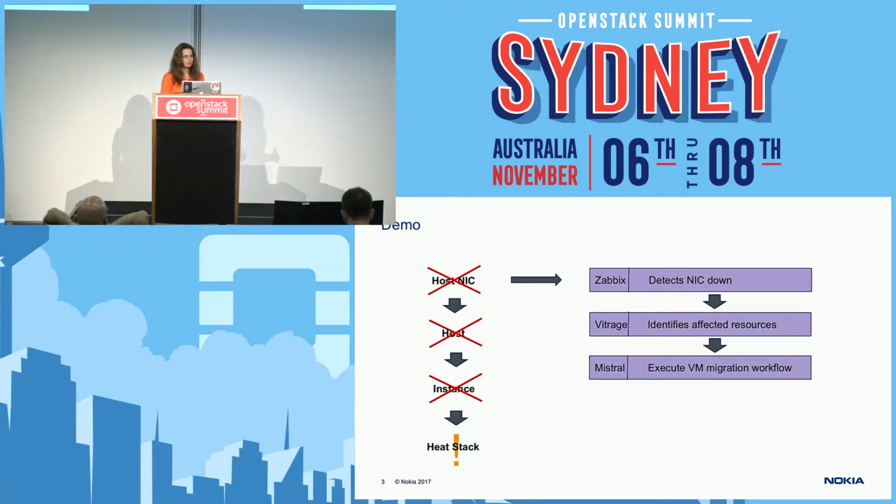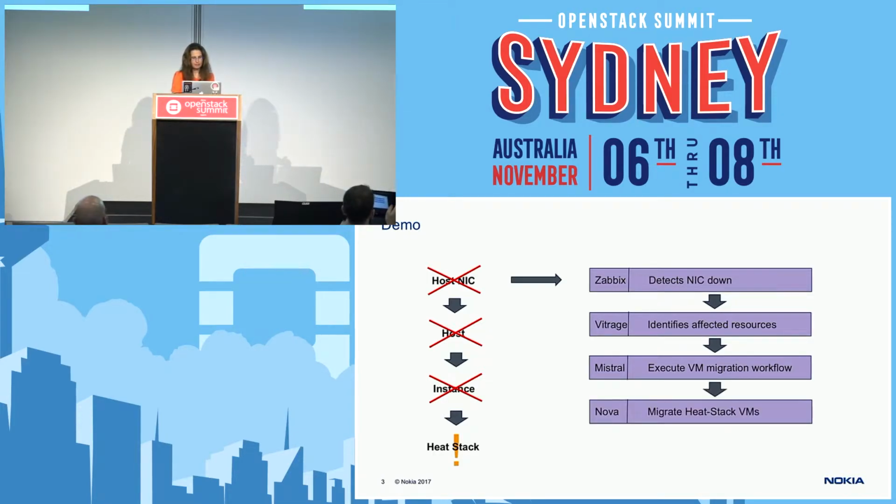One of the VMs that is used by the Heat stack is migrated to a different host. So Mistral calls Nova, asks to migrate the VM, verifies that it worked properly, and then Nova notifies Vitrage that the VM was migrated, and the state of the VM and the state of the Heat stack are recovered, and everything is working properly.